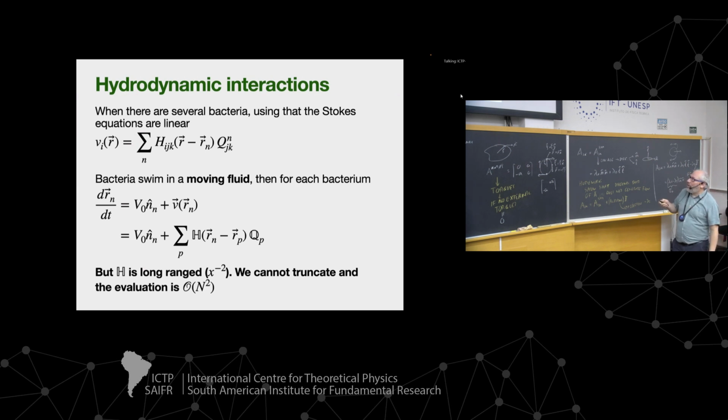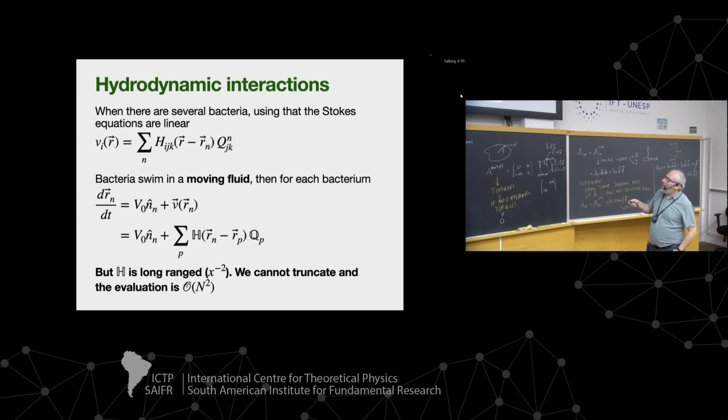The position of each bacterium changes with the self-propulsion plus the velocity field at the position of the bacterium. There are some corrections, called the Faxen term, which I'm not going to discuss. But essentially, the swimmer is moving in a reference frame that is already moving.